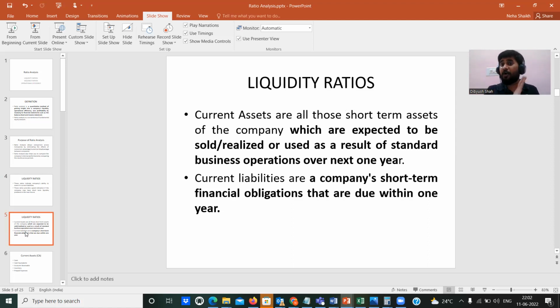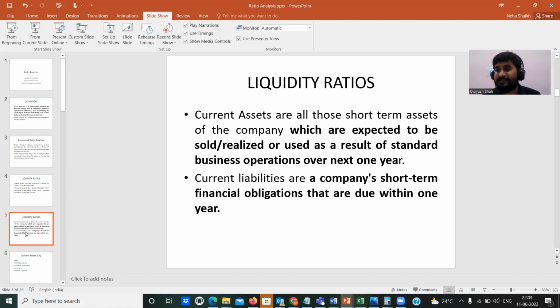Current assets are all those short-term assets of the company which are expected to be sold, that means inventory, realized, that is, you receive some cash, accounts receivable, or used as a result of standard business operations, prepaid expenses.